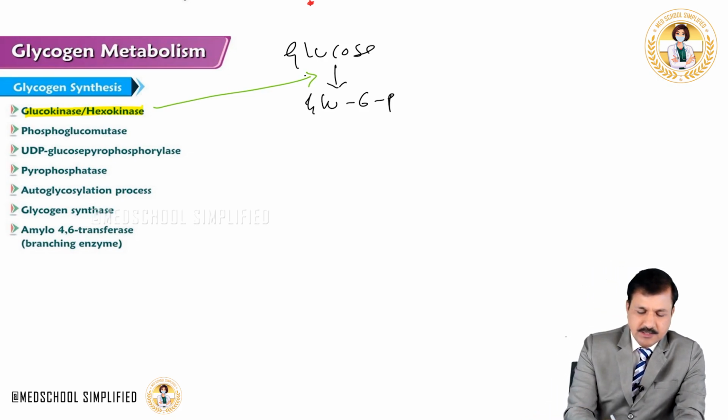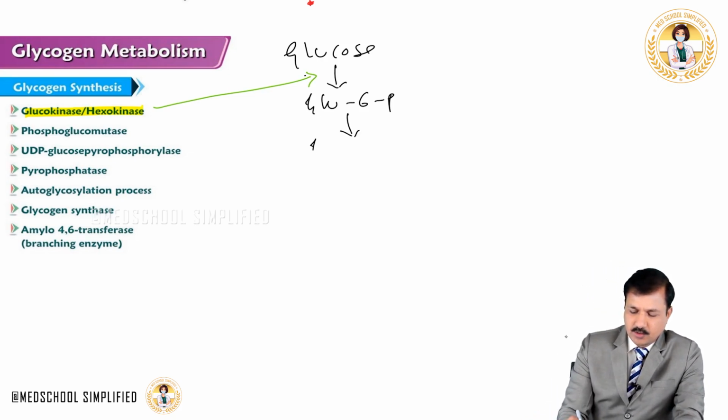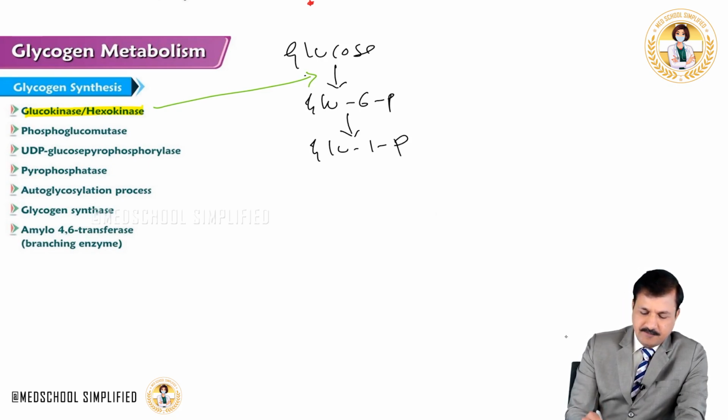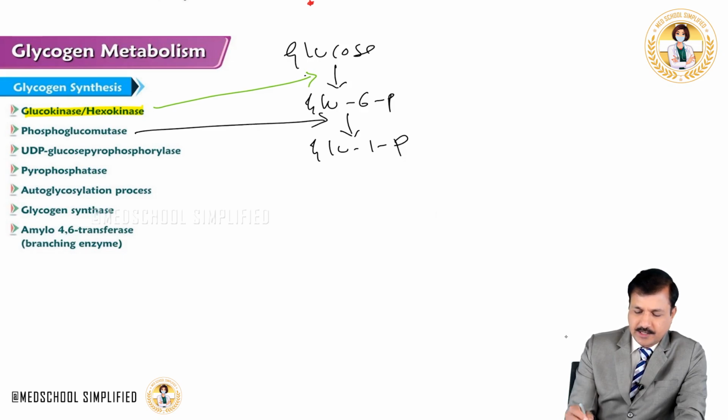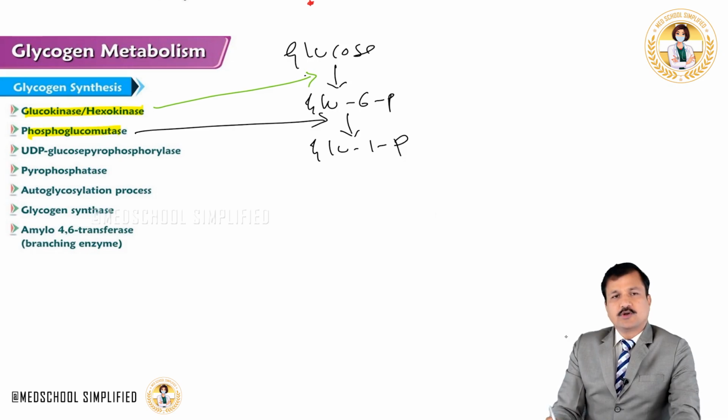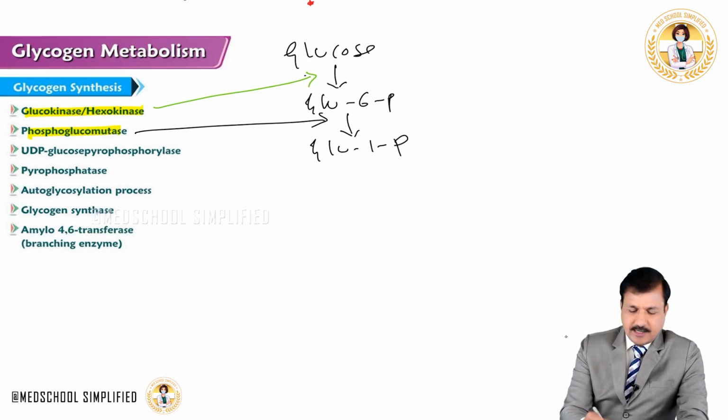Now glucose-6-phosphate will be converted into glucose-1-phosphate. That will be done by the enzyme phosphoglucomutase. Now the glucose-1-phosphate will undergo a reaction catalyzed by the UDP-glucose pyrophosphorylase enzyme to become UDP-glucose.